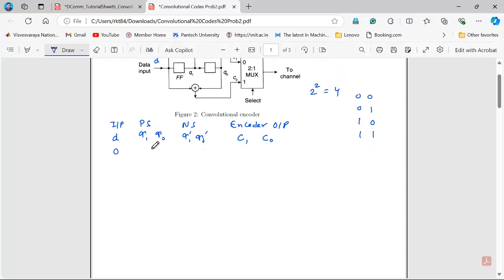If input is 0 and state is 0 0, if input is 1, again state is 0 0. Input is 0, now state I take 0 1, and 1 for input 1. Now message 0, state is 1 0, when message 1, it's 1 0. When it is 0, state 1 1, and when 1, state 1 1. So for each state, the input message may be either 0 or 1.